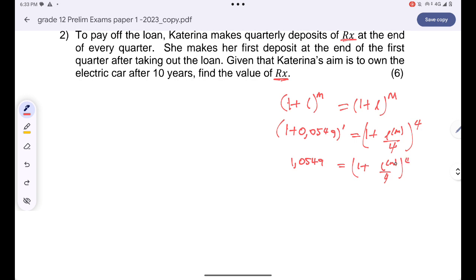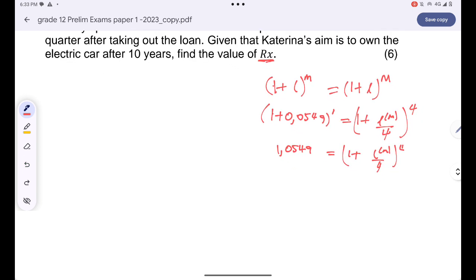Now, for me to isolate i to the m, guys, because I just don't want to make errors, I'll simply have 4 multiplied by the 4th root of 1.0549 minus 1. Are you together? And then this is equal to the nominal interest which is calculated every quarter.